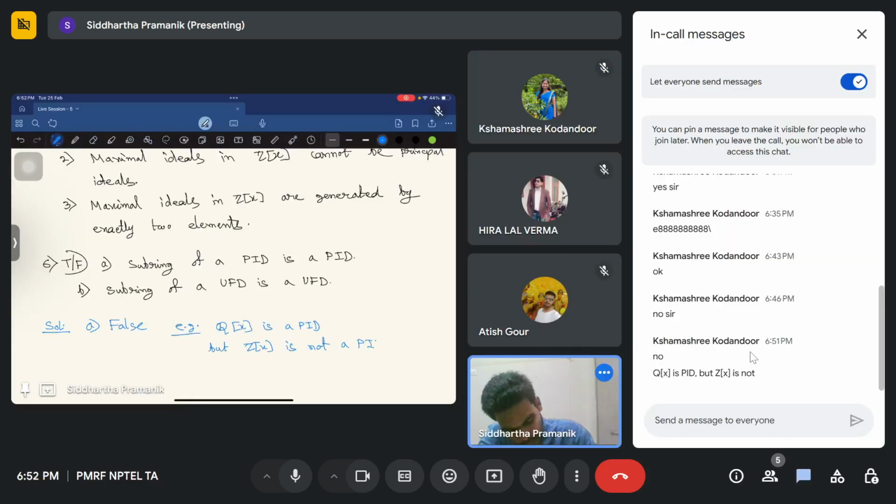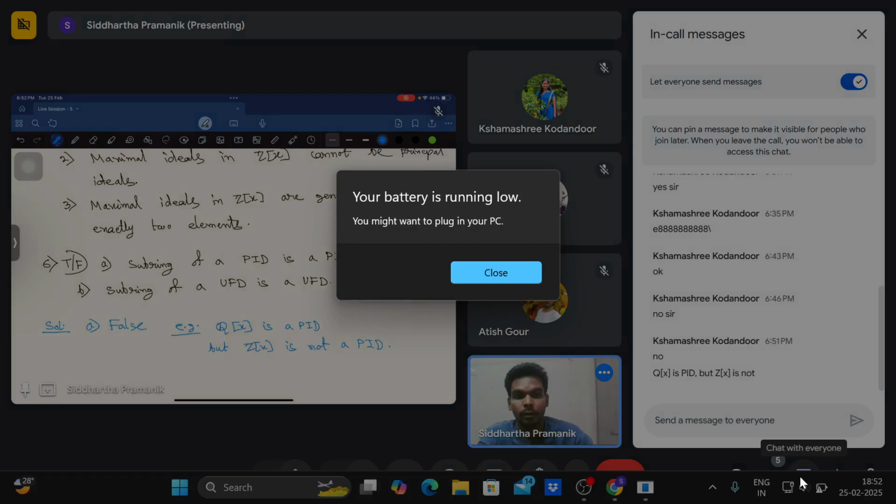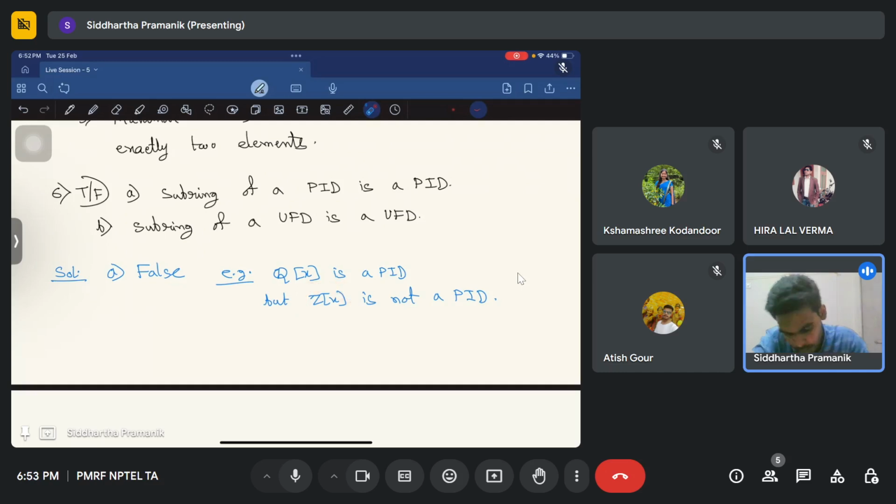Fine. The ring Z[x] has so many interesting properties, which is something useful.